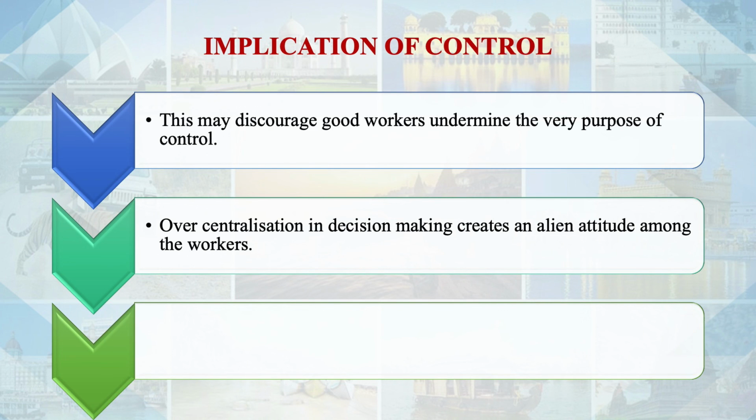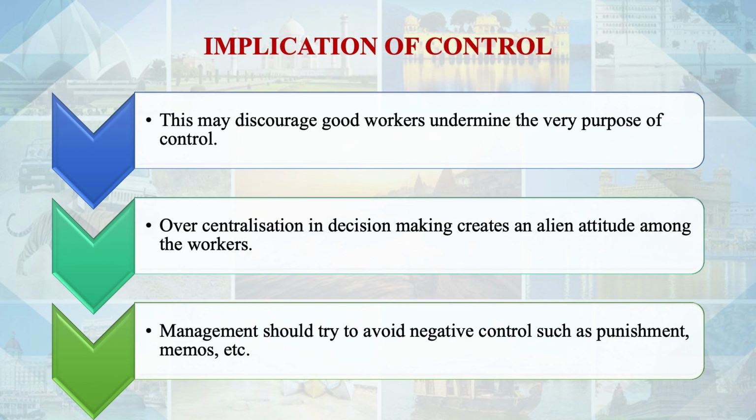And remember, over-centralization in decision making also creates an alien attitude among workers. So what level of decentralization is required in order to ensure the workers feel good should be taken into consideration. The management should try to avoid negative control such as punishment, issuing memos, etc.